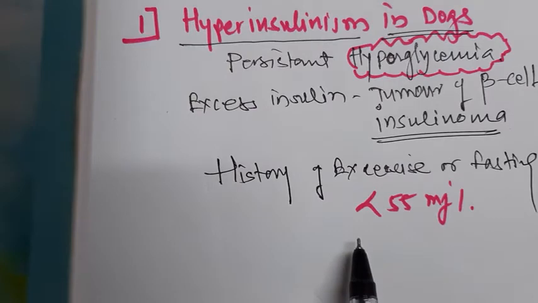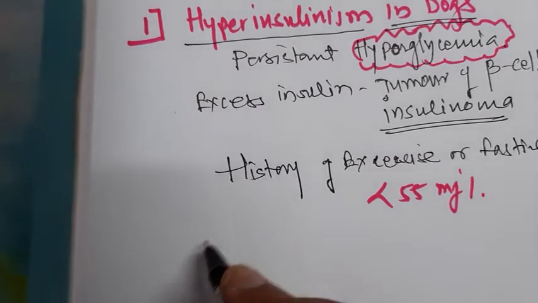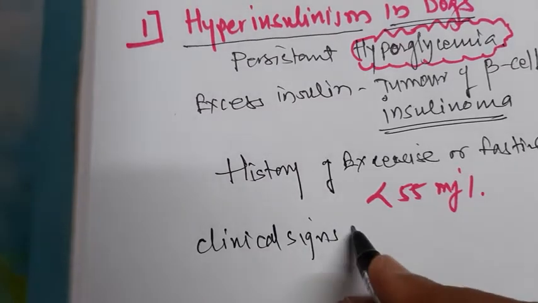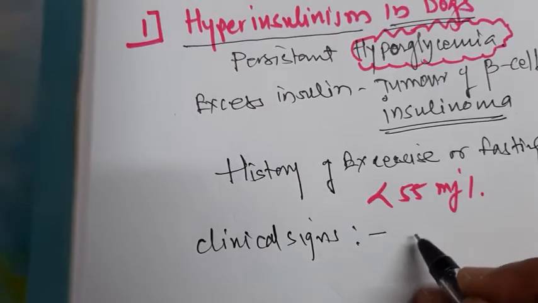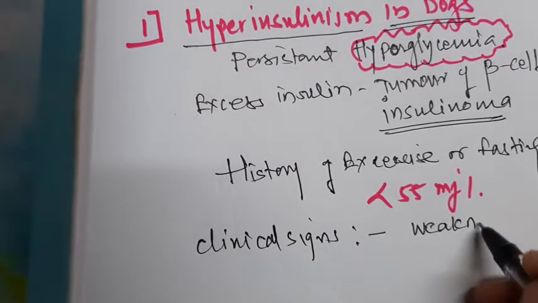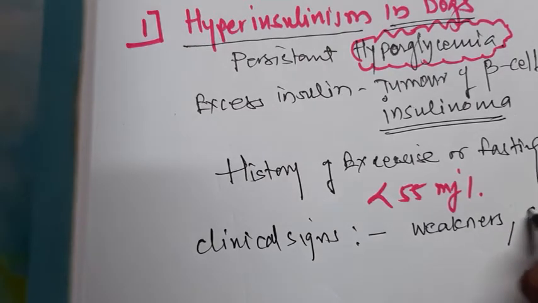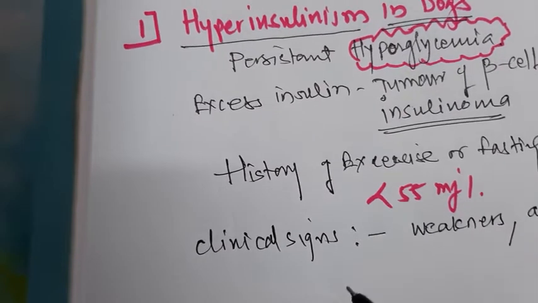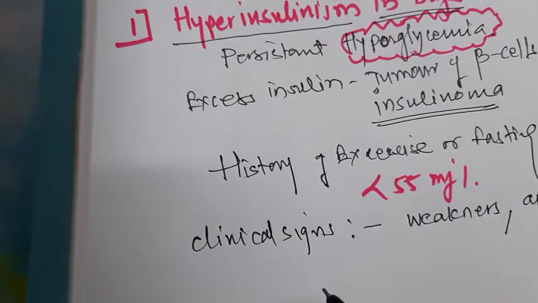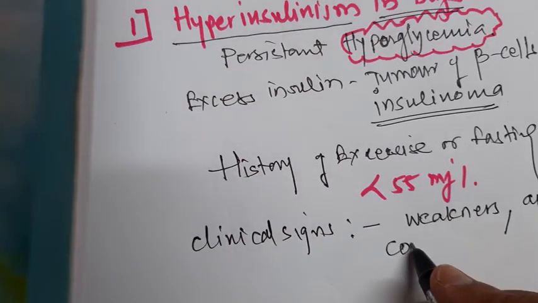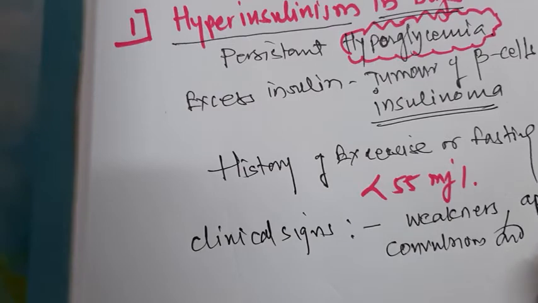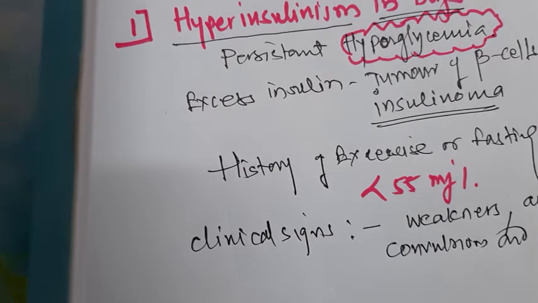In this case, the clinical signs in dogs particularly are weakness, apathy, fainting, convulsions, and lastly coma, a comatose condition.